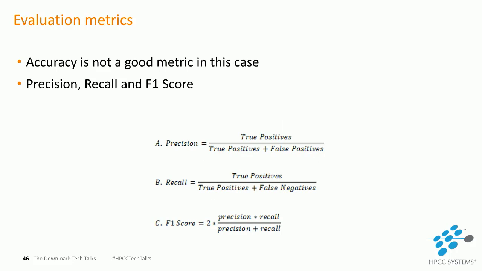Right, now the evaluation metrics. See, accuracy is not at all a good metric in this case. Usually people prefer to go to accuracy, but let's just assume that this model predicts every transaction to be non-fraudulent. Now, only 0.4% of the data set is actually fraudulent.